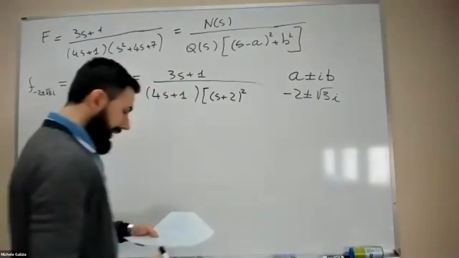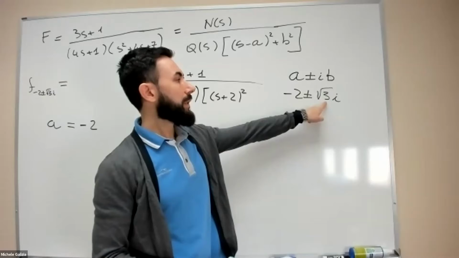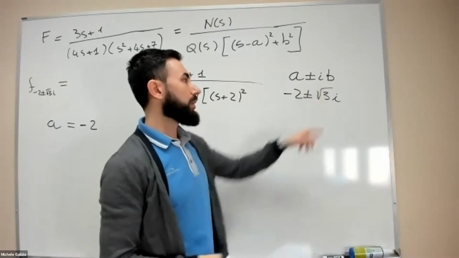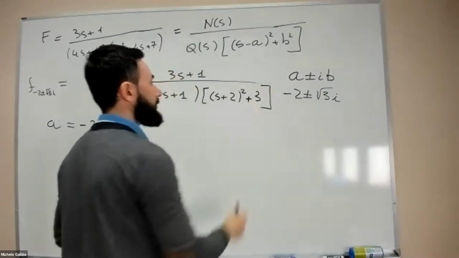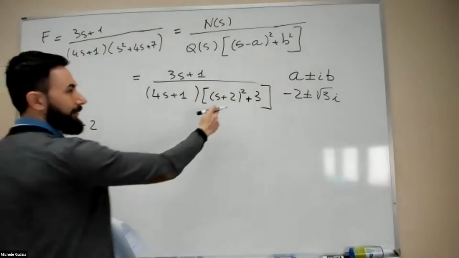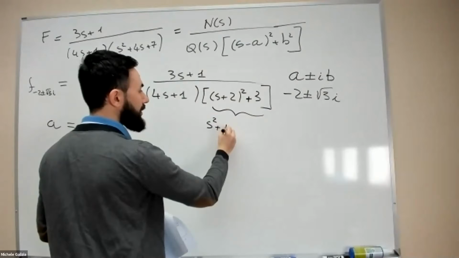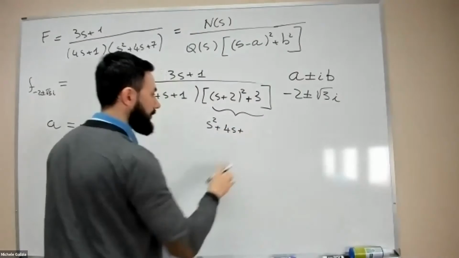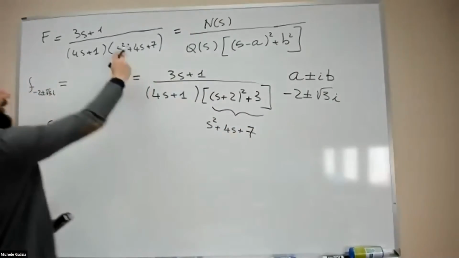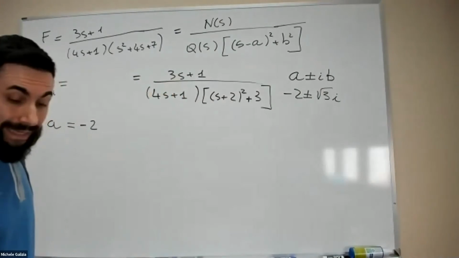Plus b. So who is b? Square root of 3. B is the square root of 3, and so b squared is 3. And indeed, if you develop this, you get s squared plus 4s plus 4 plus 3, which is exactly the same original expression. Make sense for everyone?